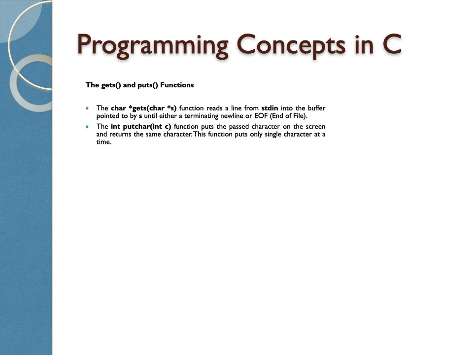The second one is the gets and puts functions. The standard library function gets, or we can say system-defined function. The gets function accepts input in the form of a string. A string simply means a collection of integers, alphabets, symbols, and space bars also, or you can say white space characters.